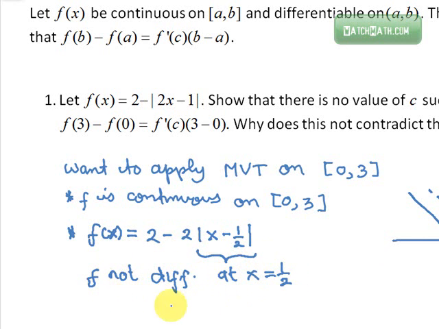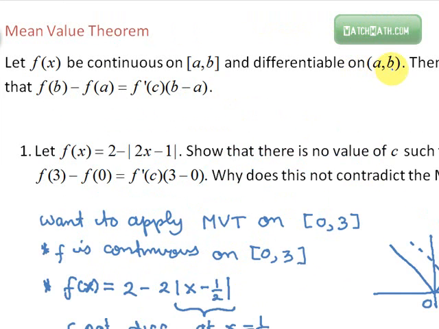So this violates the second condition, because in order to apply the mean value theorem, we would like our function to be differentiable on the open interval 0, 3.